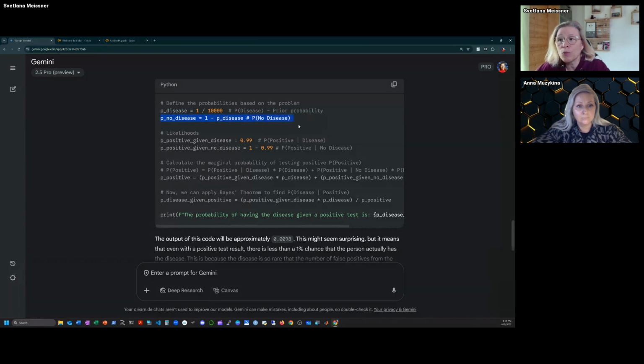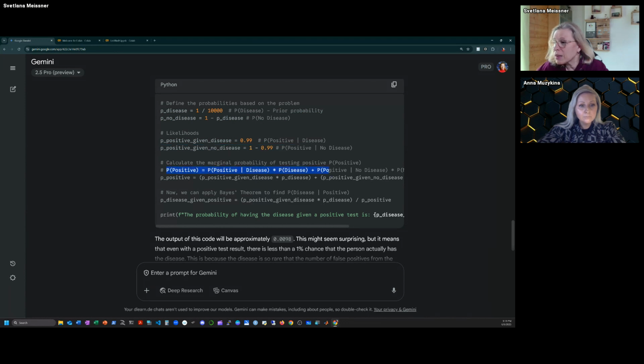And then we calculate the likelihood. So given disease, the probability of a positive test is 0.99, and the probability of positive given no disease is 1 minus this 0.99. And then the next step is calculating the marginal probability of testing positive.